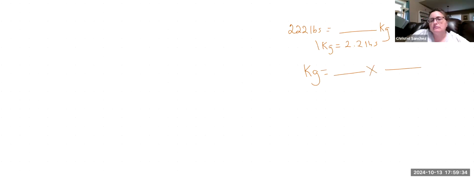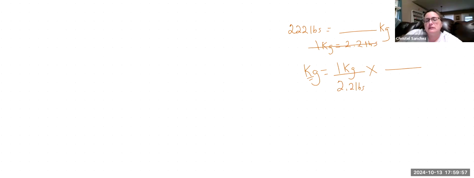Now, what has kilograms in my problem? 1 kilogram. I'm going to put that at the top, because remember, I don't want them to cancel out. And because it's married to the 2.2, they're going to stay together on the same side. Then I can draw a line through this.